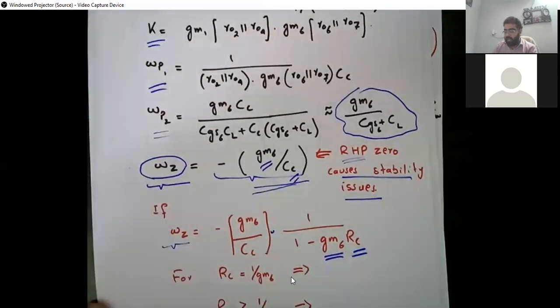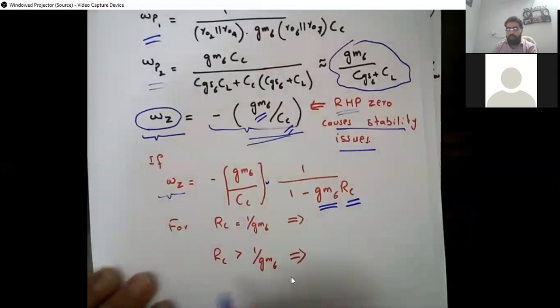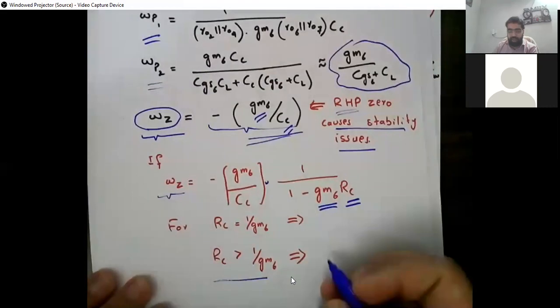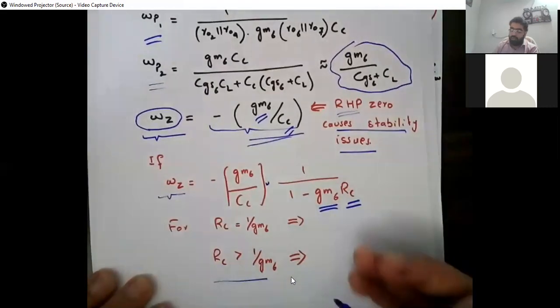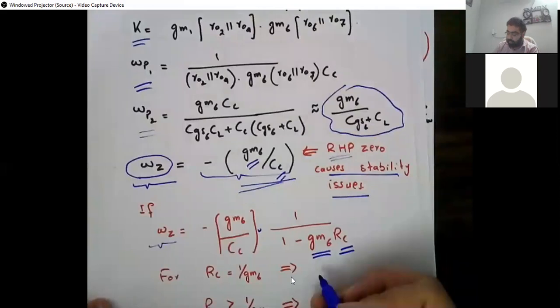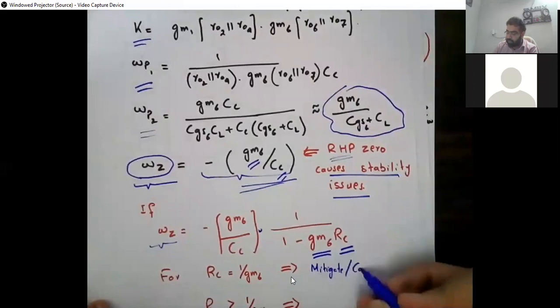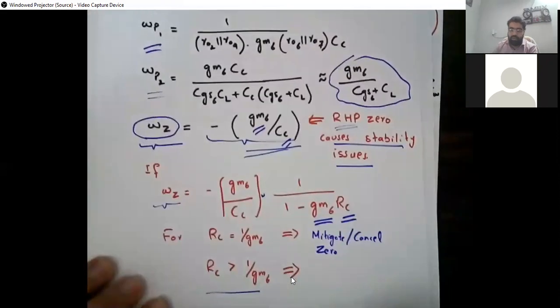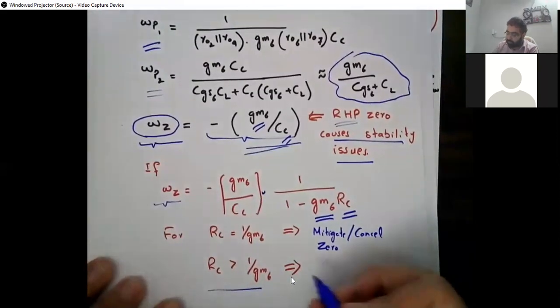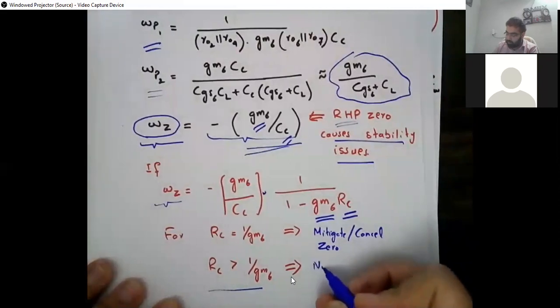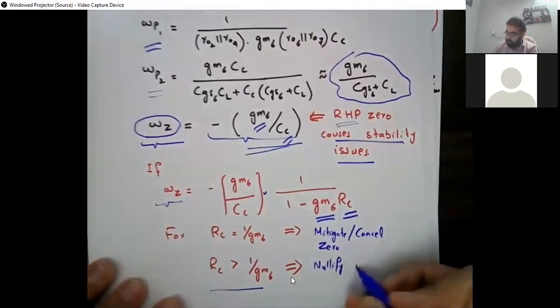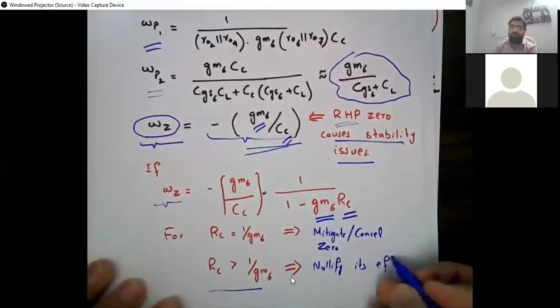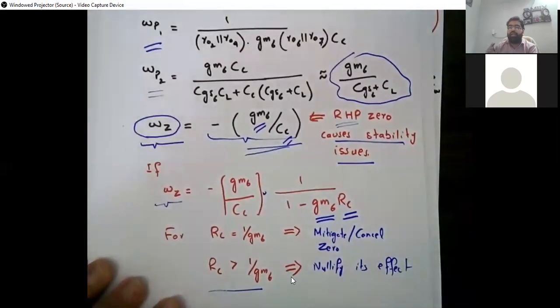Or on a safer side, if I make RC bigger than 1 over GM6, I can get rid of the negative effect of omega Z. So if RC is equal to 1 over GM6, I can cancel the zero. And if RC is greater than 1 over GM6, any value greater than that, I can nullify its effect. I'm not eliminating the zero, but I'm eliminating its effect. The zero will still be present, but its effect will be gone.